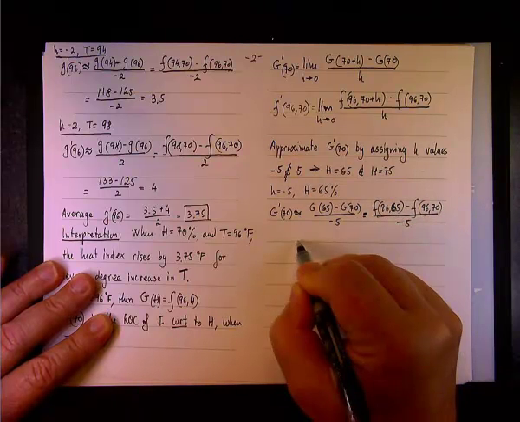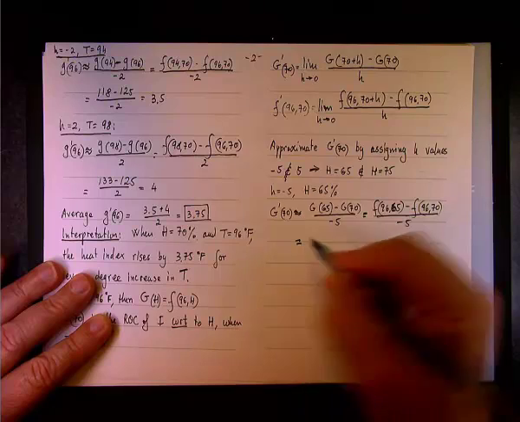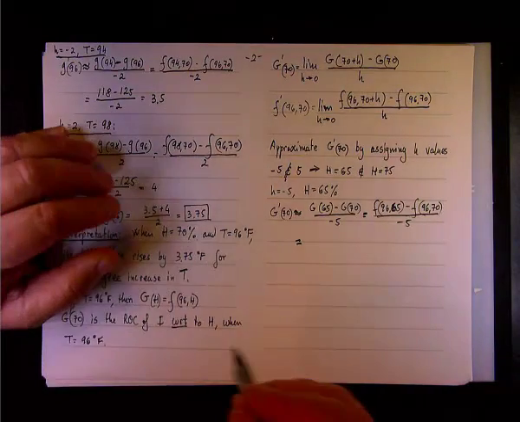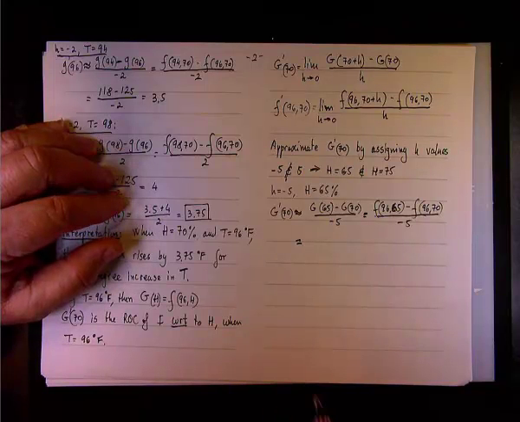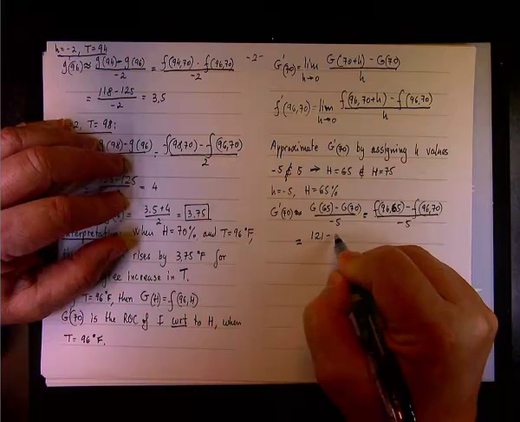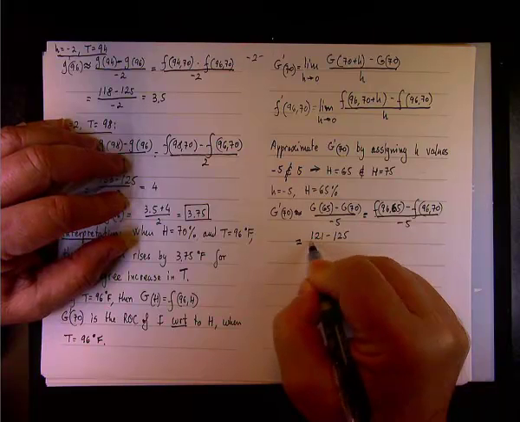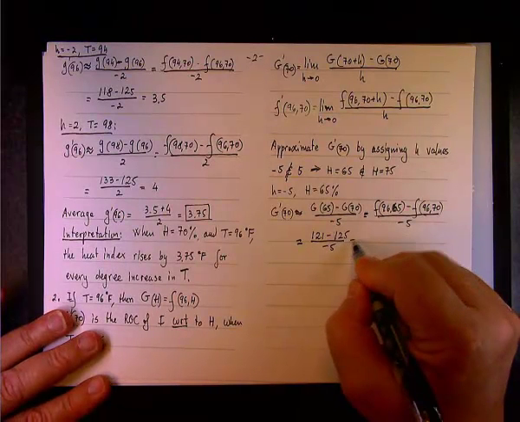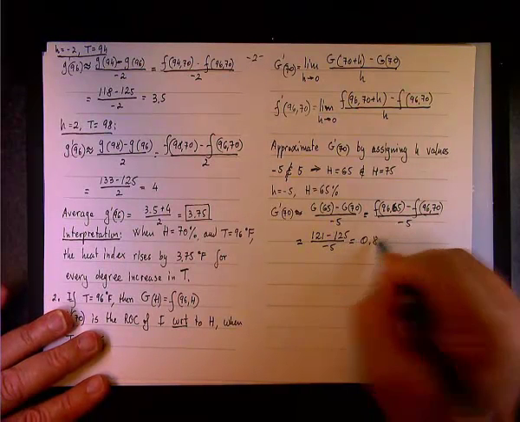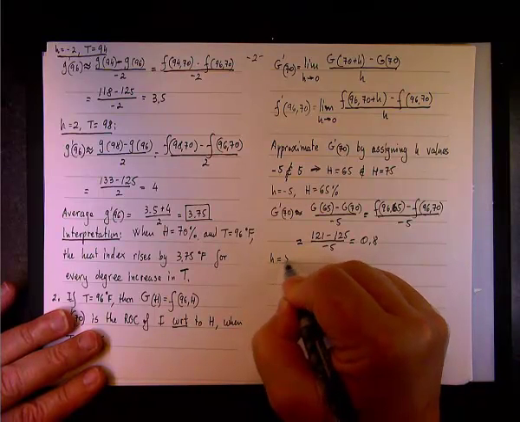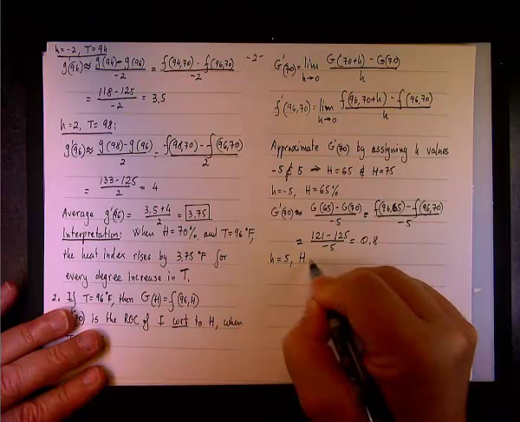Okay, so it's approximated by G of 65 minus G of 70 divided by -5. In F notation, it will be F of 96, 65 minus F of 96, 70, divided by negative 5.